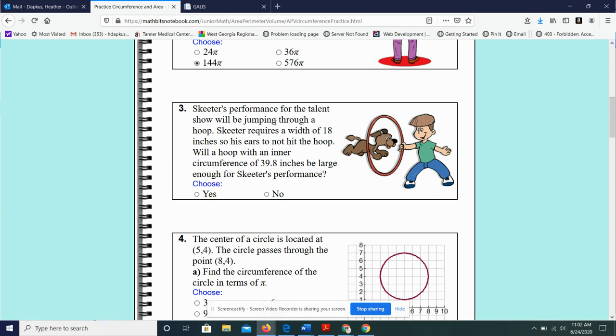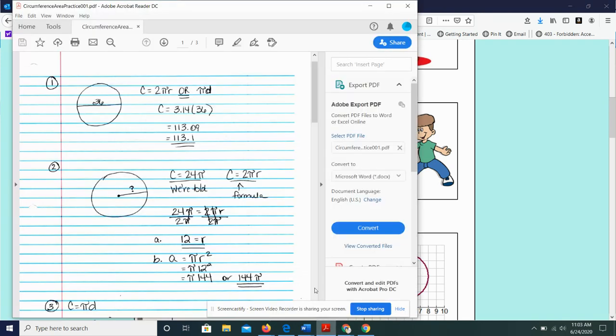Skeeter's performance for the talent show will be jumping through a hoop. Skeeter requires a width of 18 inches so his ears don't hit the hoop. In other words, we have to have a diameter of 18 inches. Will a hoop with an inner circumference of 39.8 inches be large enough? Let's find out what the circumference is that is required.